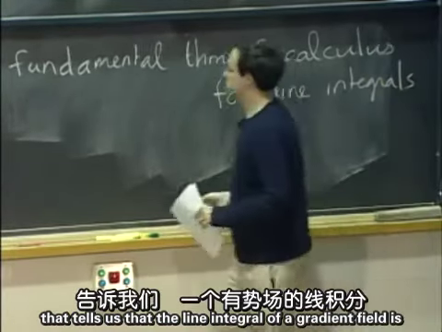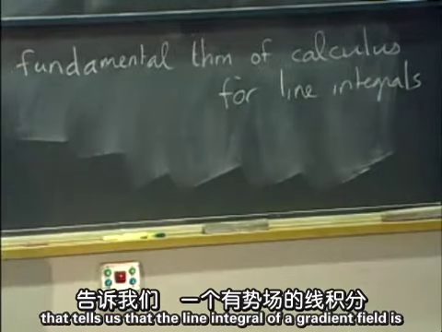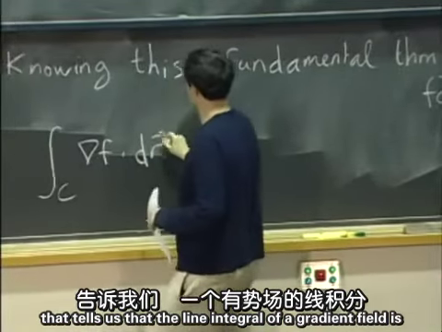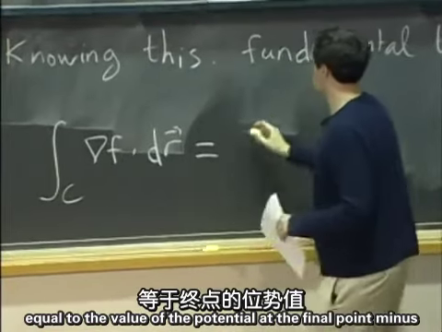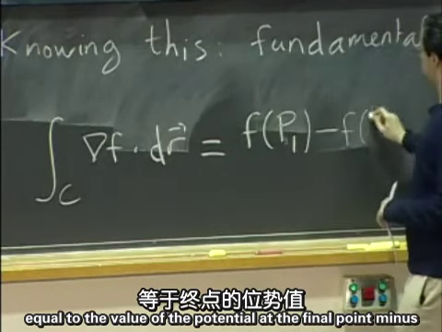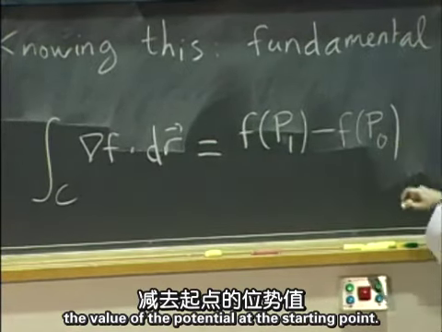So that tells us that the line integral of a gradient field is equal to the value of the potential at the final point minus the value of the potential at the starting point.